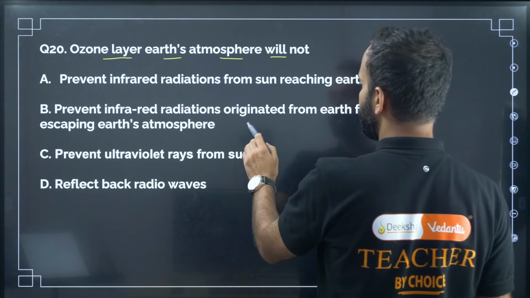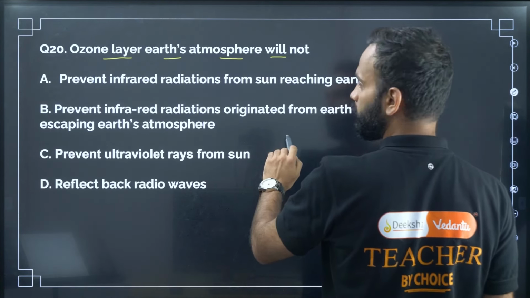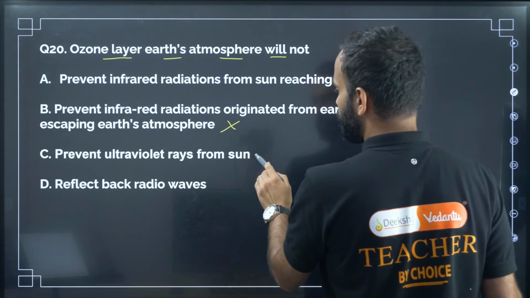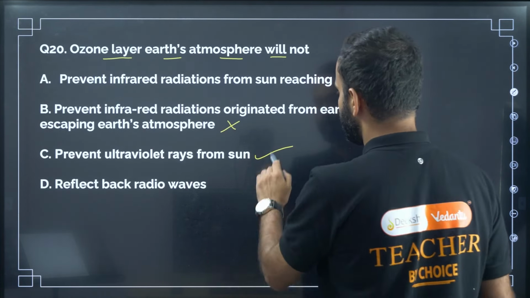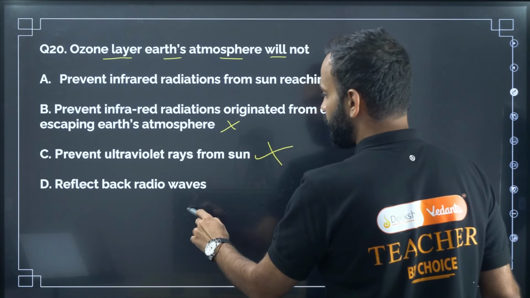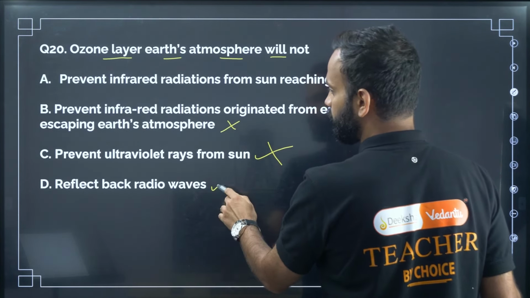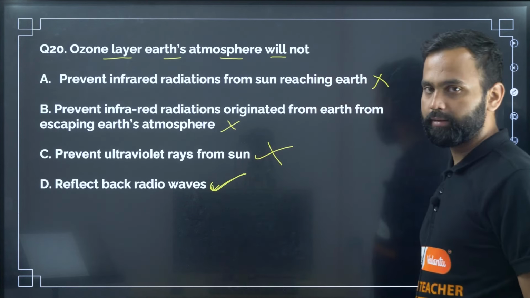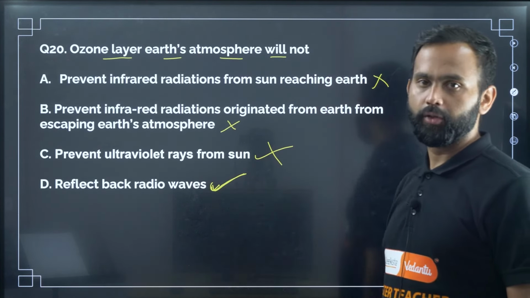Prevent infrared radiation originating from Earth, this one is wrong. Option C, prevent ultraviolet rays from sun, this one is also wrong as the statement is about what it will not do. D, reflect back radio waves: it will not reflect back radio waves. This is correct.